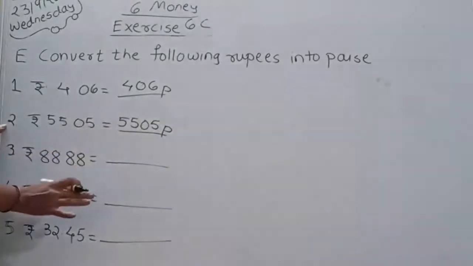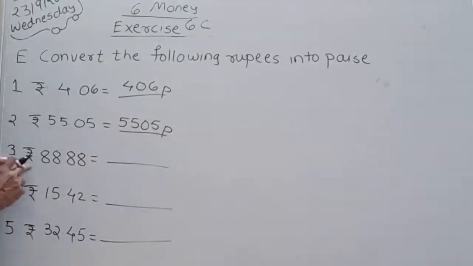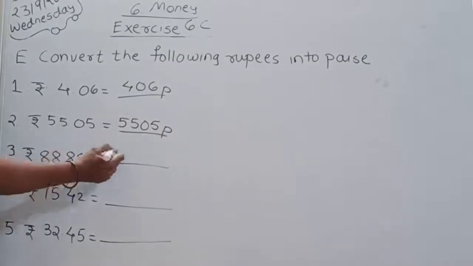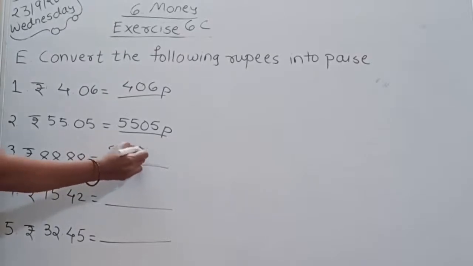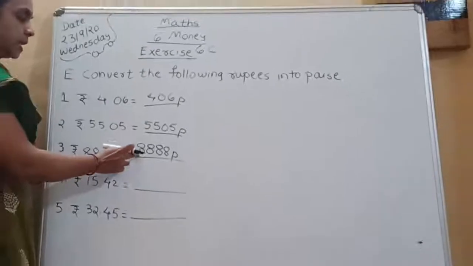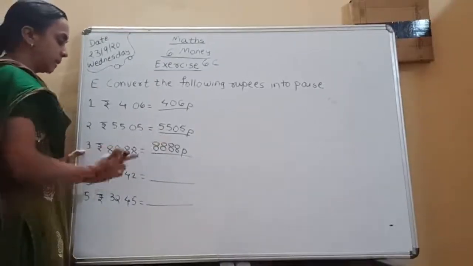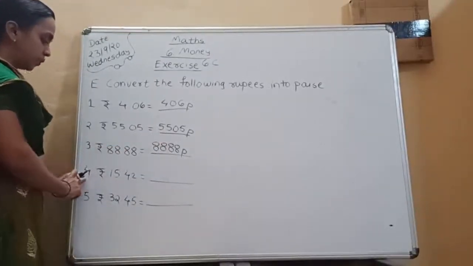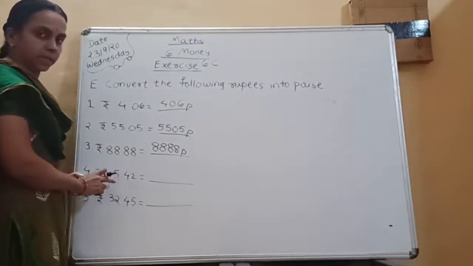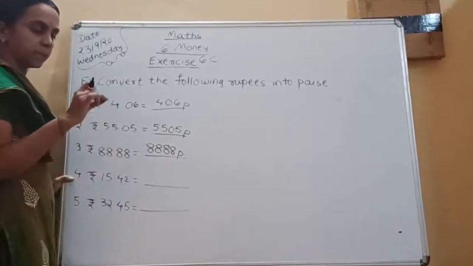Your answer is ready. Now see third example, rupees 88.88. Again here also remove this point. 8888, then write down p, 8888 paise. Then see fourth example, rupees 15.42. Again here also you have to remove that point.